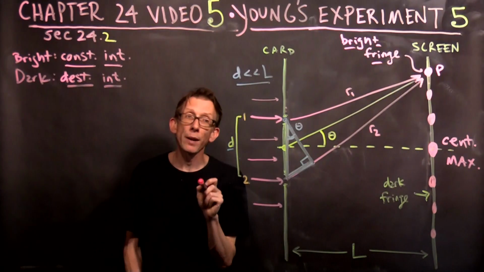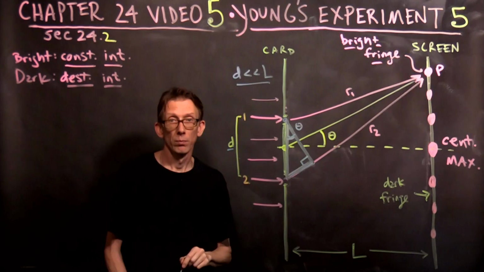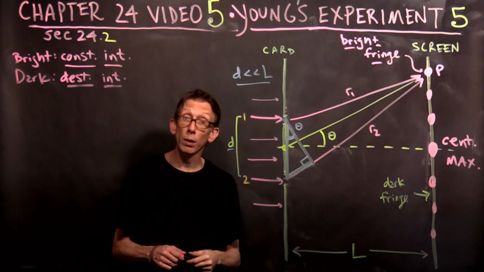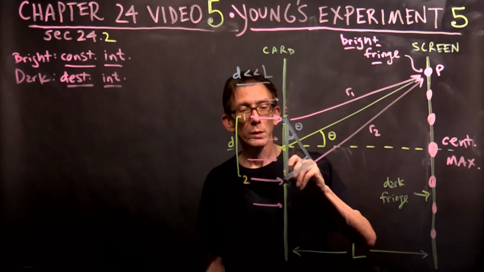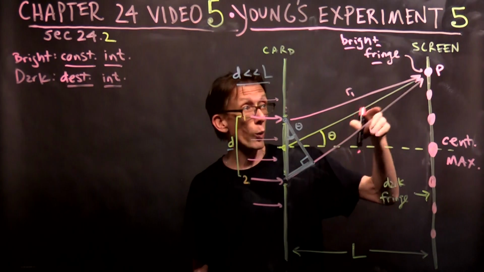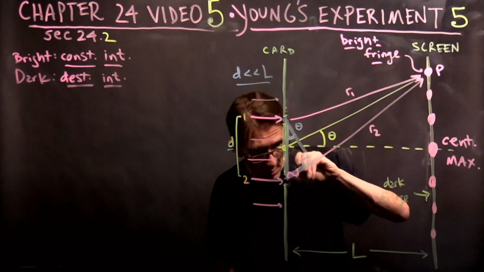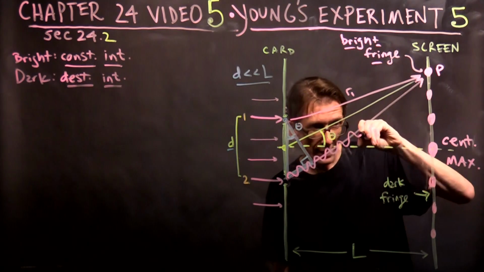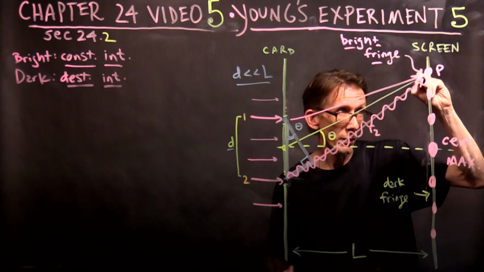What we have to keep in mind here is that these are not just rays, they are waves. So let's draw some little waves, and I'm going to draw them kind of small. I'm going to count them as I go. We're going to start with slit number 2 and draw a wave all the way up to point P. So 1, 2, 3, 4, 5, 6, 7, 8, 9, 10, 11, 12, 13, 14.